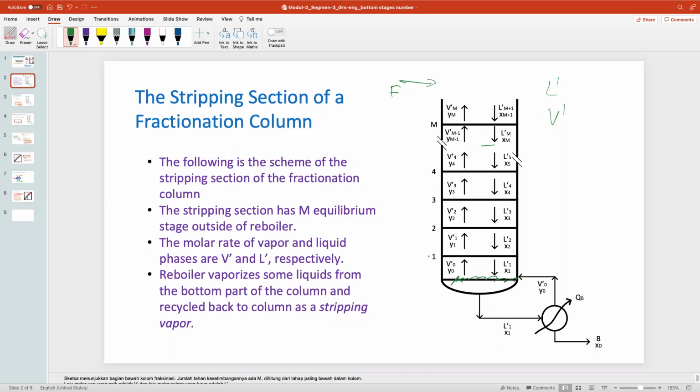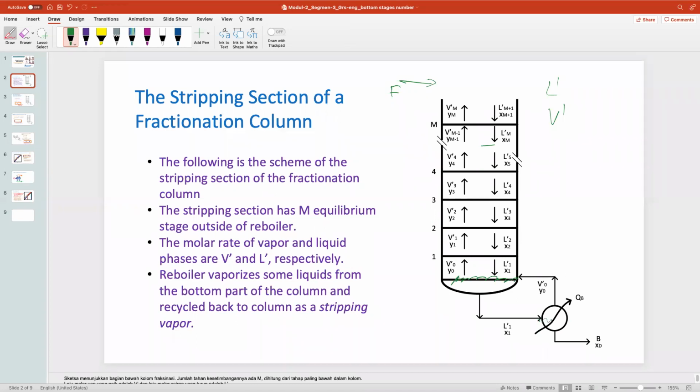The bottom tray of the stripping section is number 1, then number 2, number 3, number 4, and up to M. The reboiler vaporizes some liquid from the bottom part of the column and recycles it back to the column as the stripping vapor, while the rest of the liquid is drawn off as the bottom product.